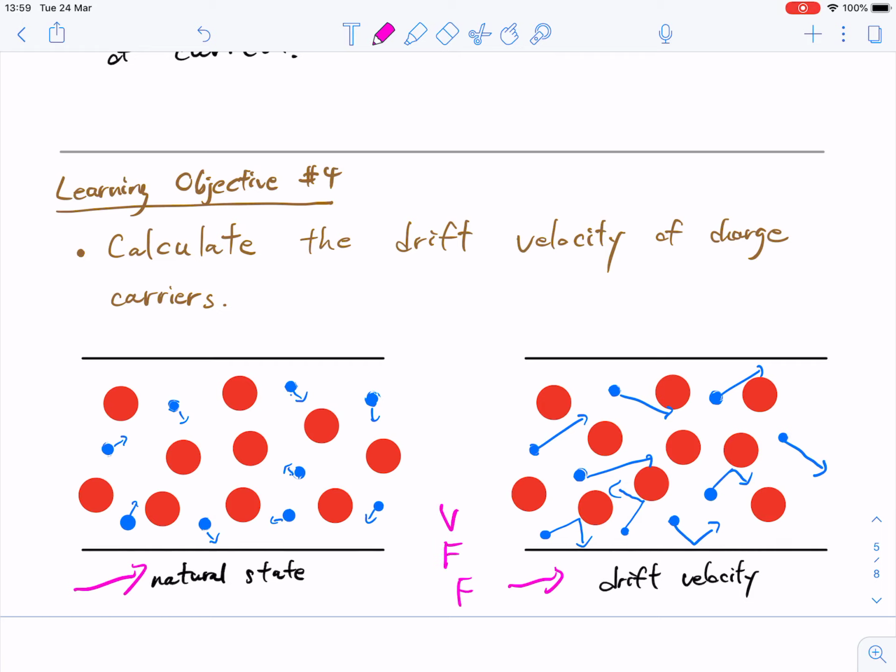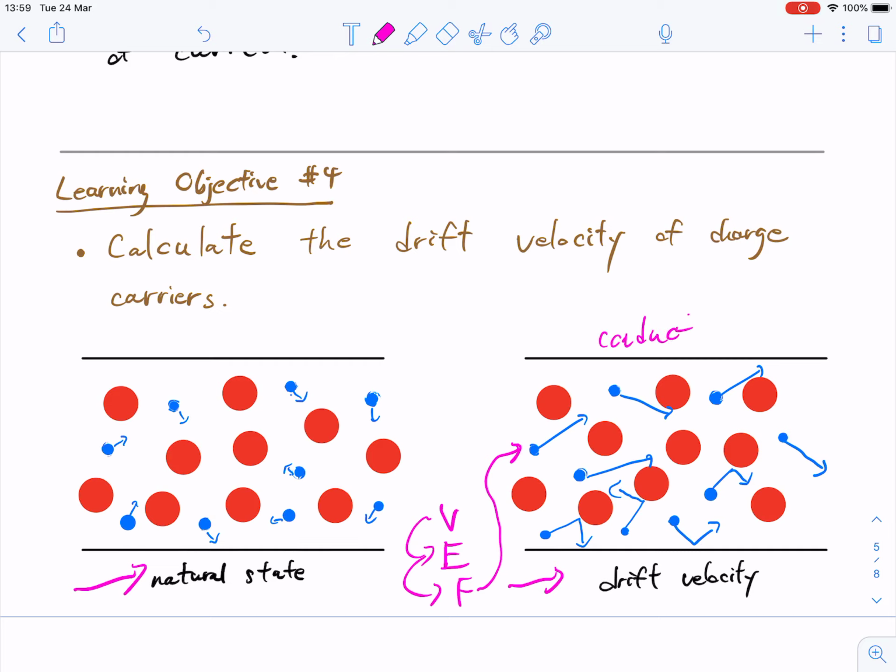So the electric field, the potential difference will provide the electric field. The electric field will generate a force. And that force will act on charge carriers, which are our electrons. And so those electrons, you can see the bigger arrow indicates a larger magnitude, and they will be pushed in a general direction. So this is for conductors.